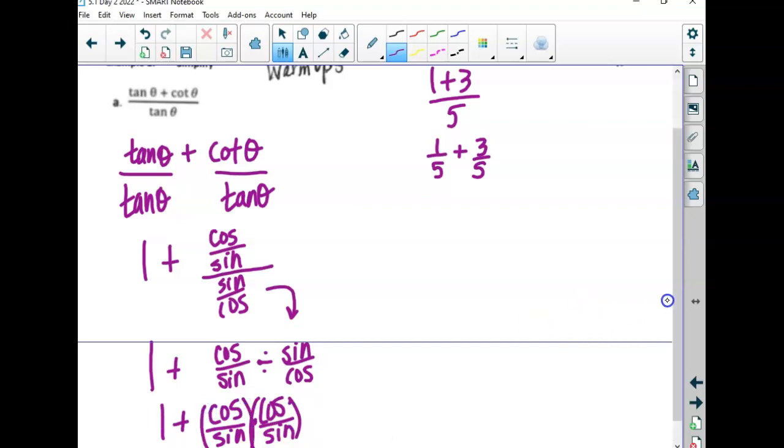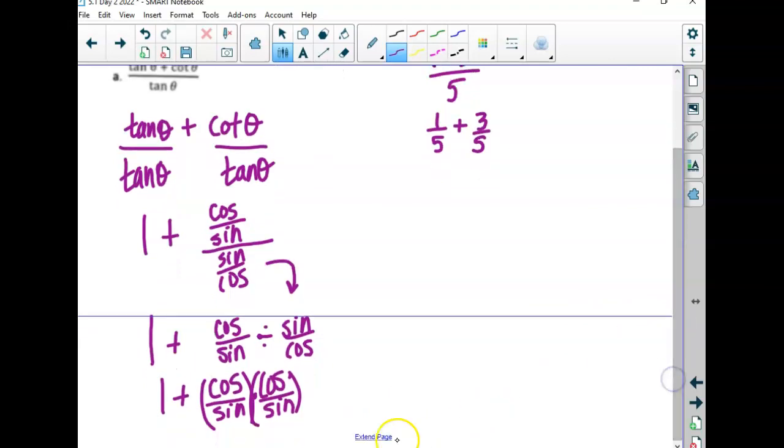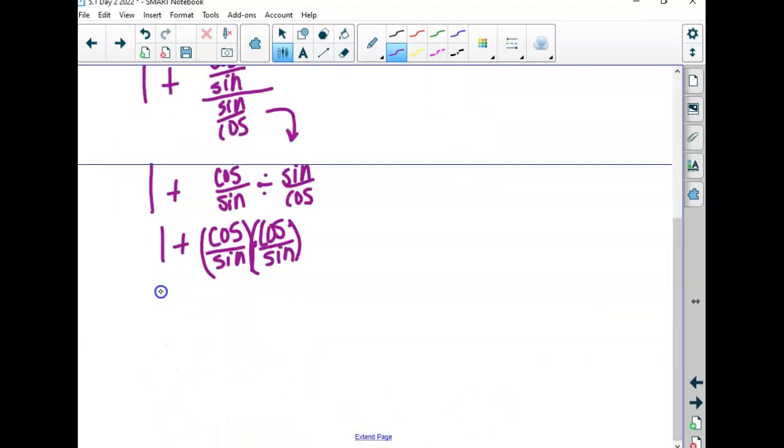So what do we get? What's a cosine over sine times a cosine over sine? A cosine squared over a sine squared. Does anybody know what that is? That is a cotangent squared.